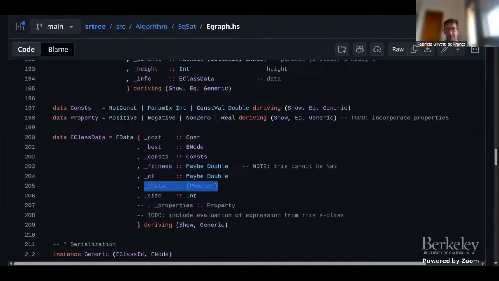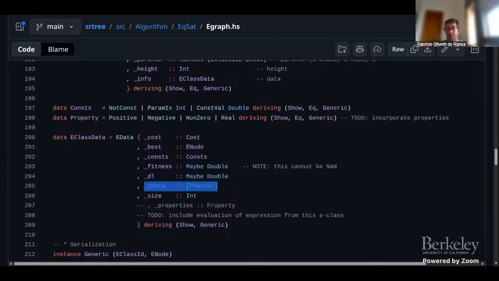So that's another cool thing: if I apply equality saturation and merge two E-classes, I always keep the parameter vectors of the smallest one. And if the smallest one doesn't have this information, because let's say I have evaluated the largest one and the smallest one that was generated by equality saturation doesn't have it, I then prompt the algorithm to refit and replace the parameter vectors.